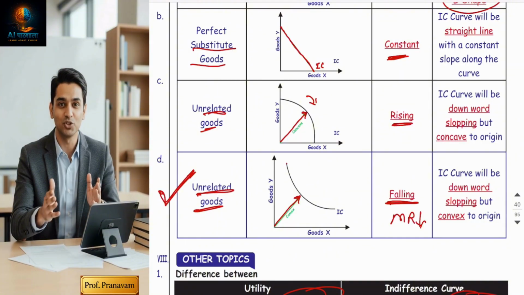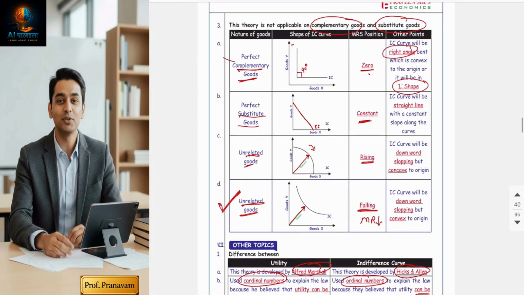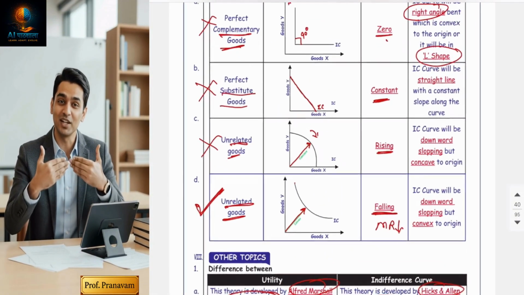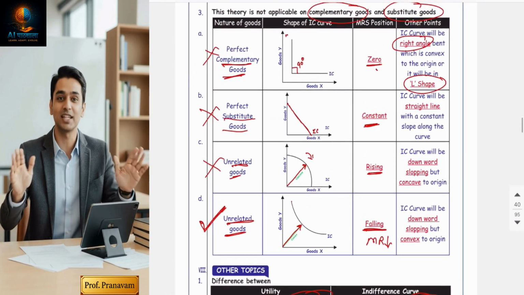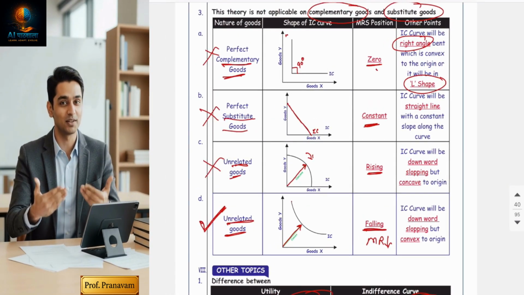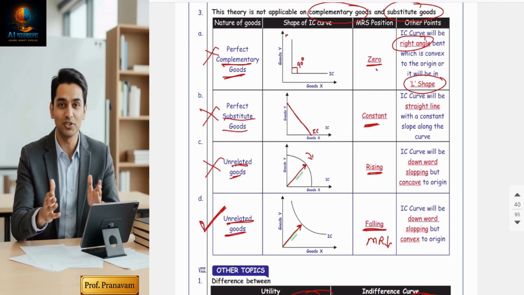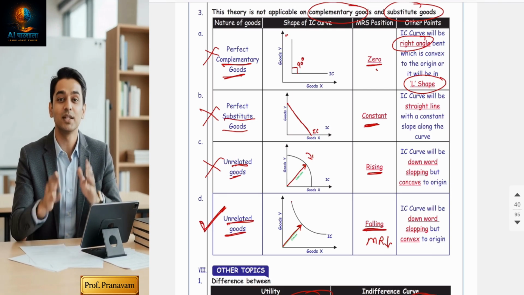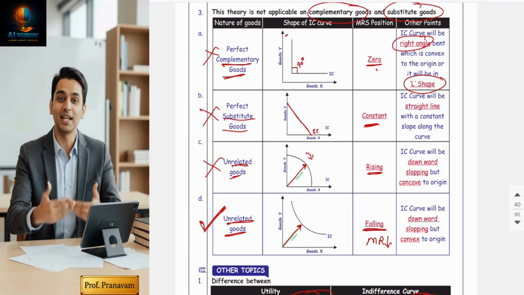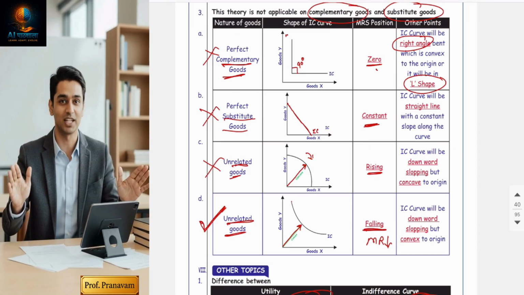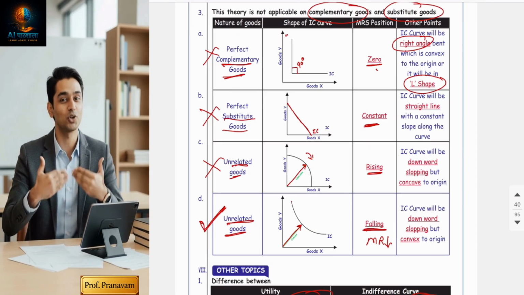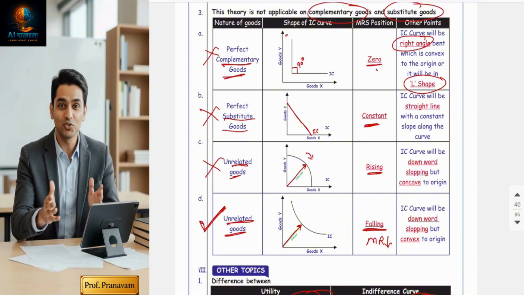No doubt, downward sloping, but concave to the origin. So these three curves are not my indifference curves. Due to MRS, the size and shape of IC curves change. MRS zero, indifference curve in L shape. MRS constant, downward sloping flat. MRS rising, downward sloping concave. MRS falling, downward sloping but convex.